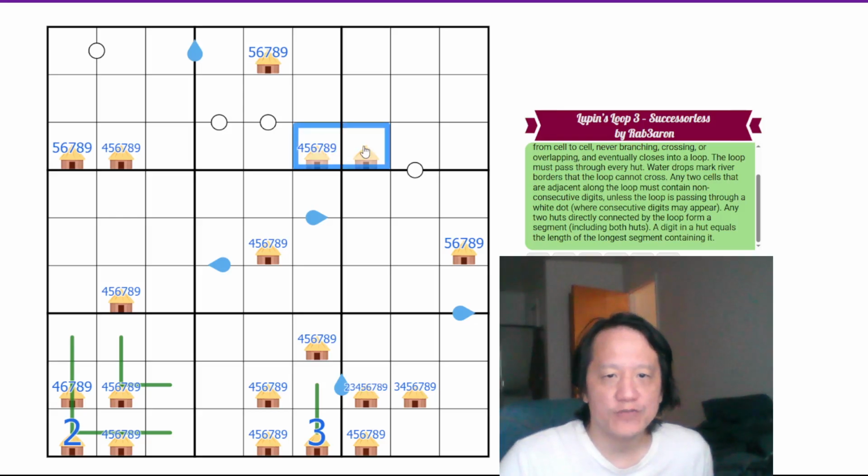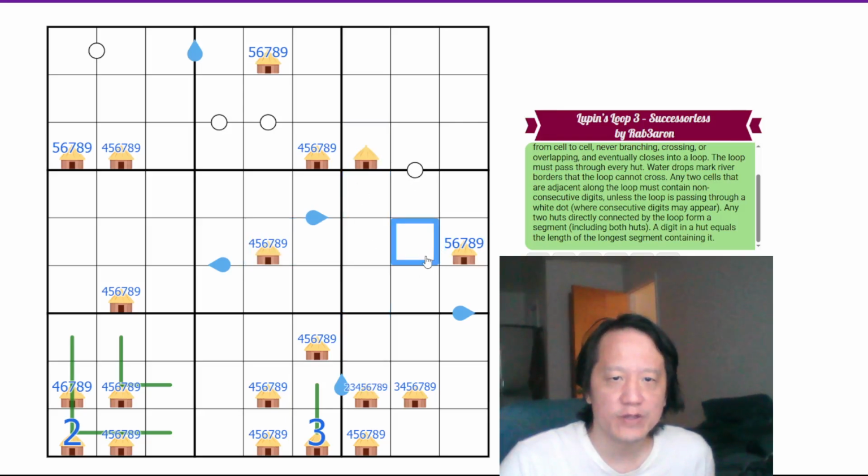This is 2 away from here. We have 5 away there, 5 away there. So this is 5 through 9.